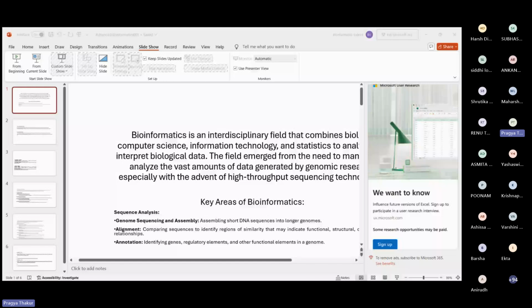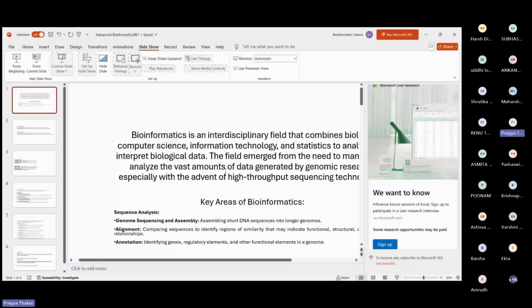So sequencing comes into existence. The technologies used to put all that knowledge into existence are known as high throughput sequencing technologies.